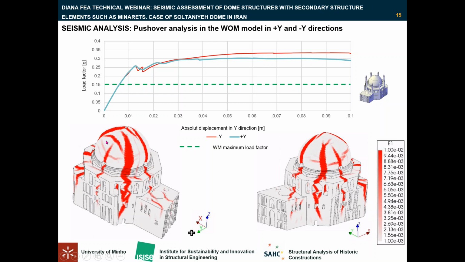Additionally, hoop cracks are visible on the dome at different heights. Horizontal cracks are visible in the connection zone of the drum and the roof. Here in this part, at the terrace level, we have the horizontal cracks.